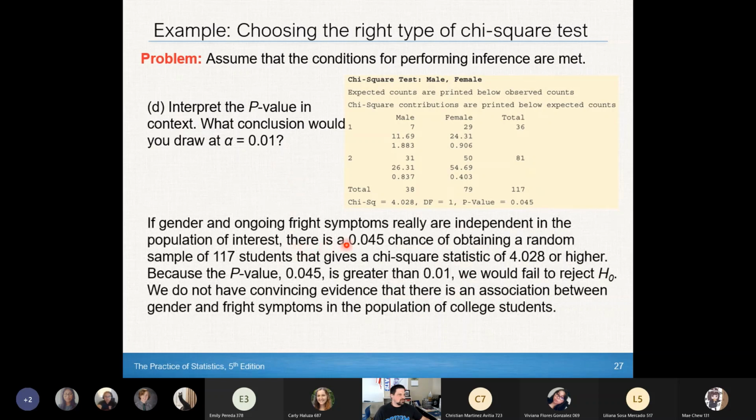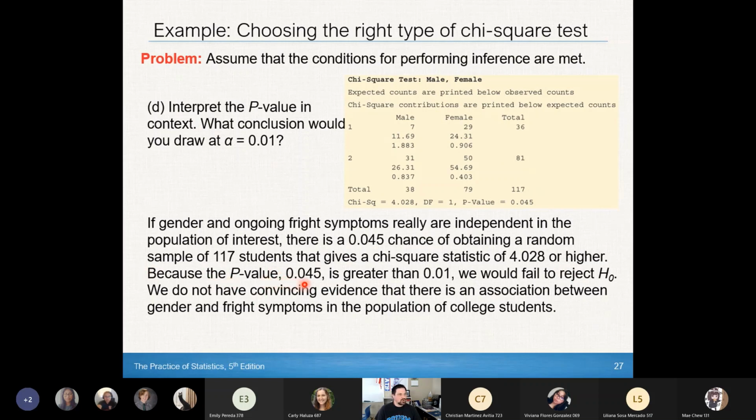If gender and ongoing fright symptoms really are independent in the population of interest, essentially if the null hypothesis is true, there is a 0.045 chance of obtaining a random sample of 117 students that gives a chi-square statistic of 4.028 or higher. Because the p-value, now this is answering the second part of the question, this is the conclusion.